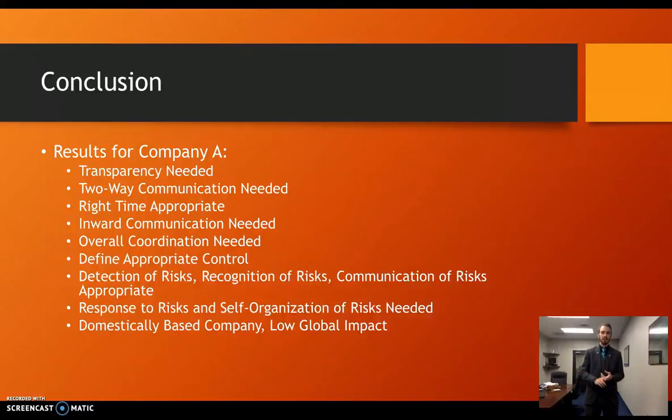We also discovered that inward communication is needed. This relates back to two-way communication because there was not enough upwards and downwards communication within the corporation. Overall coordination is needed in order to respond to the risk. We believe that if the company had experienced a larger crisis, the damage to their reputation and overall customer base would have been a lot worse than what they actually experienced.